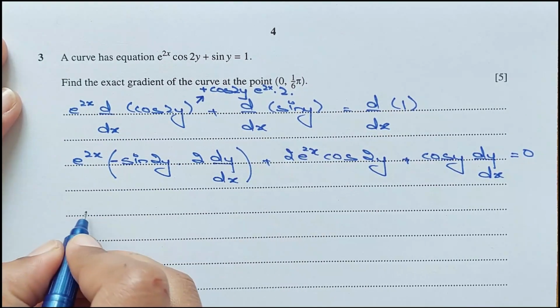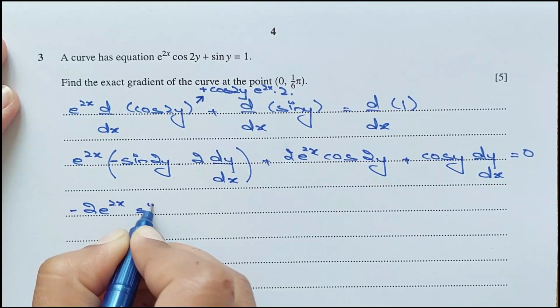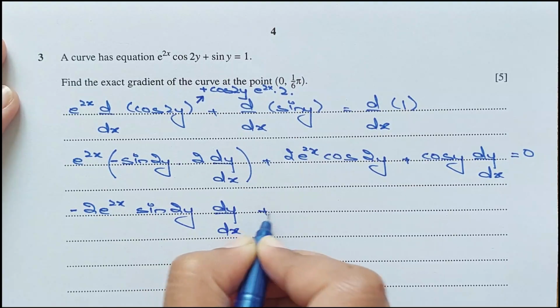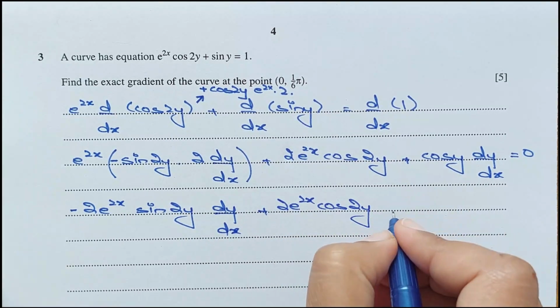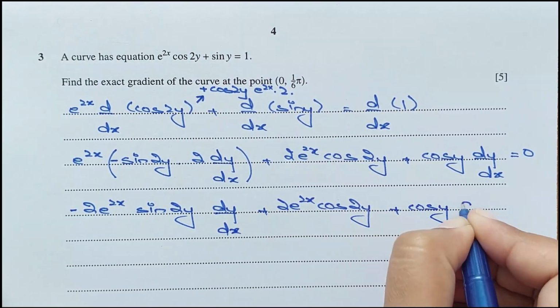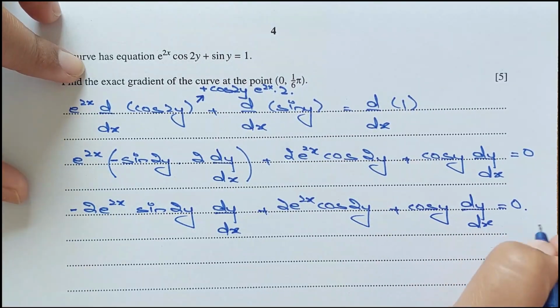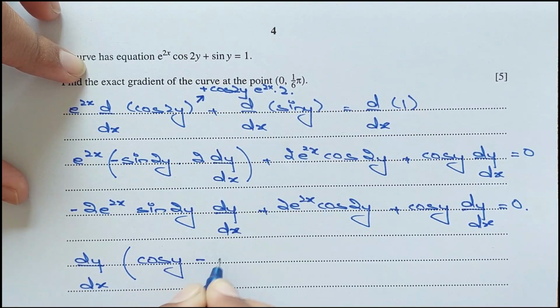Okay, let me simplify this. Minus 2e^(2x) sin 2y dy/dx plus 2e^(2x) cos 2y plus cos y dy/dx. This is equal to 0, right? Now let me take dy/dx common, and we have these two terms: cos y minus 2e^(2x) sin 2y.